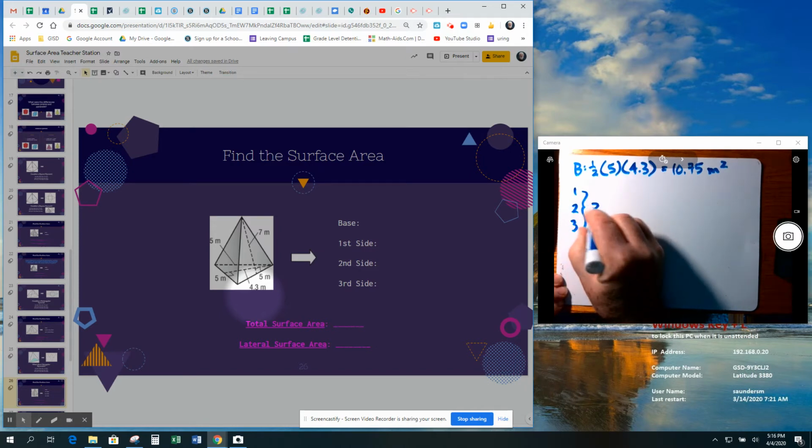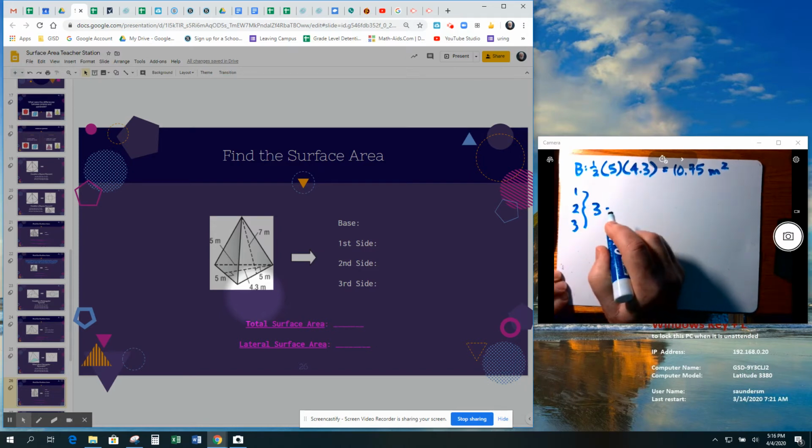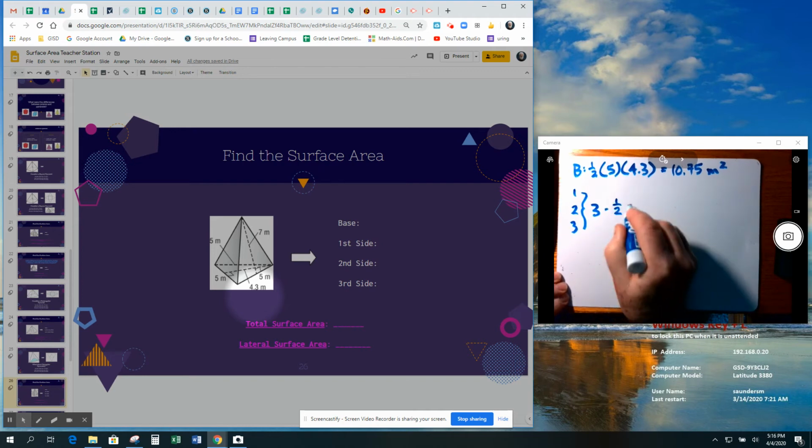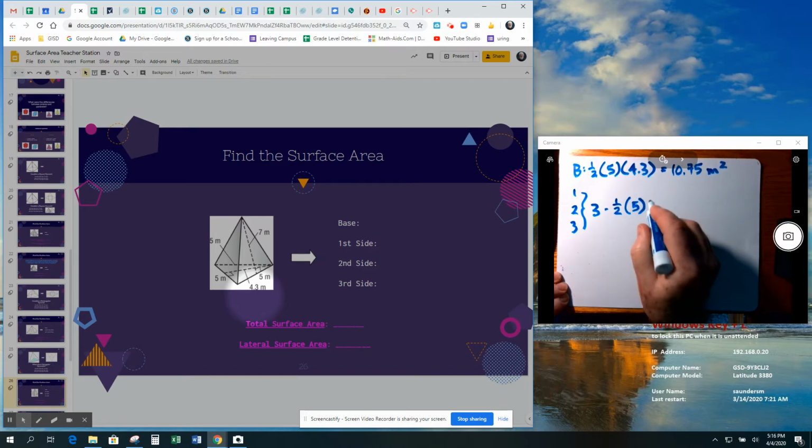So I'm going to say 3 times, and they're all triangles, 1/2 times the base, which is 5, and the height, which is 7.